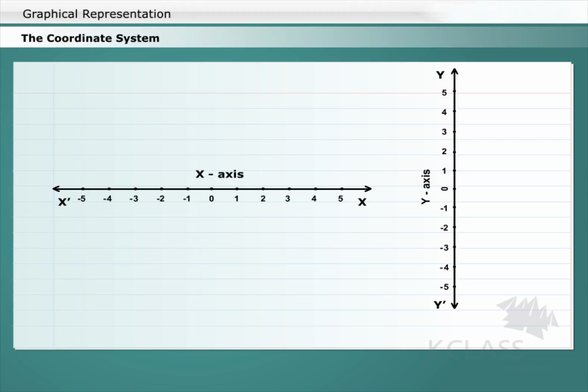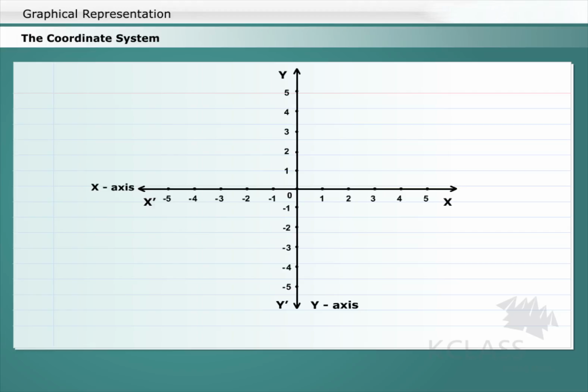If these two number lines meet at right angles and intersect each other at their zeros, this is what we get. The point where the lines x dash x and y dash y intersect is called the origin and is denoted by O.